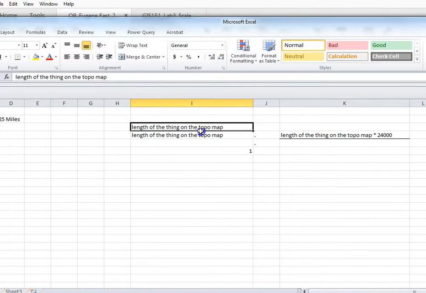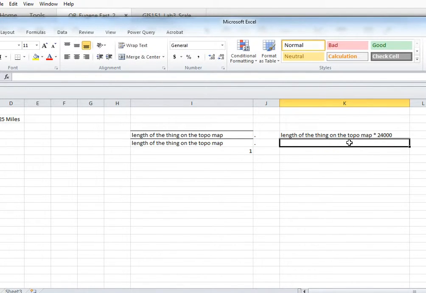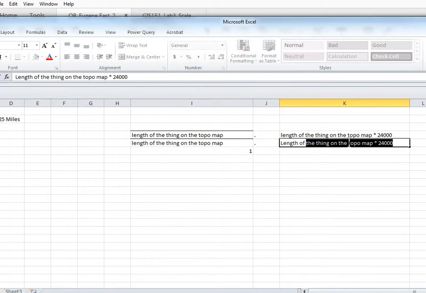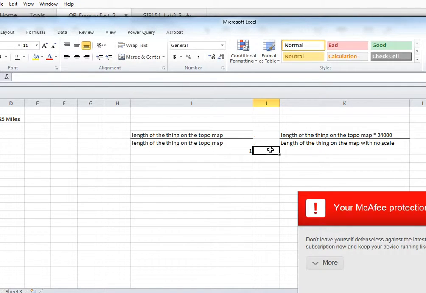I'm going to move this down because it's kittywampus. And then you're going to divide that by the length of the same thing on the map with no scale. And that's going to give you some number.